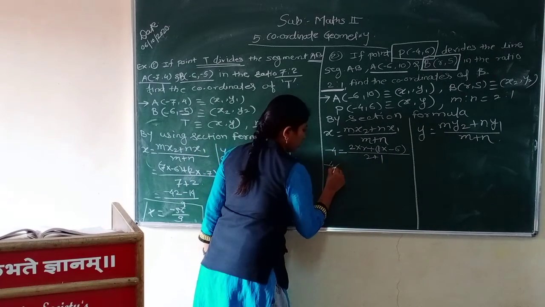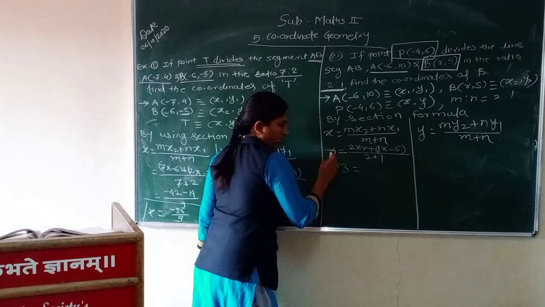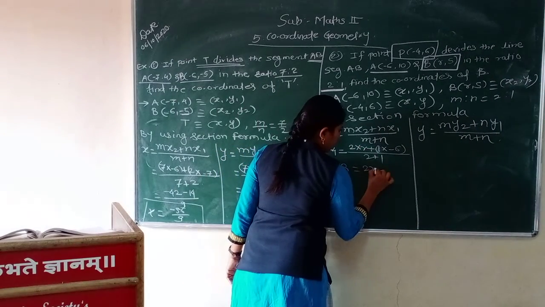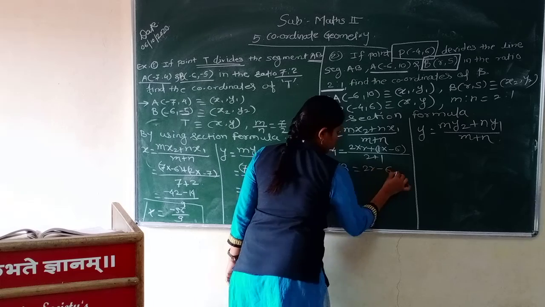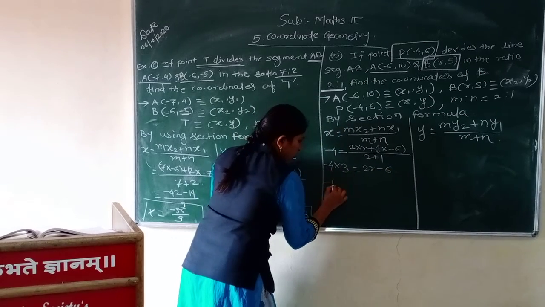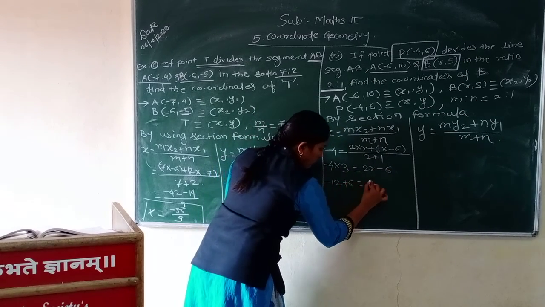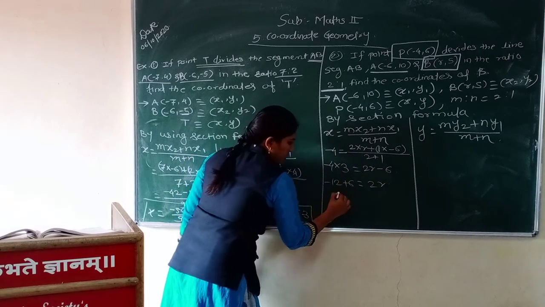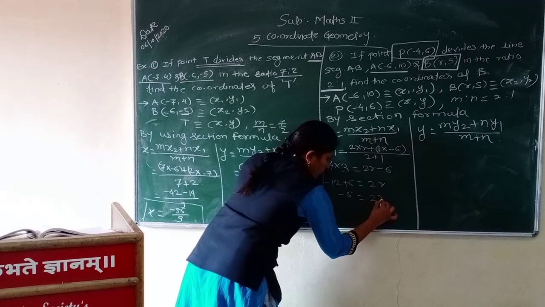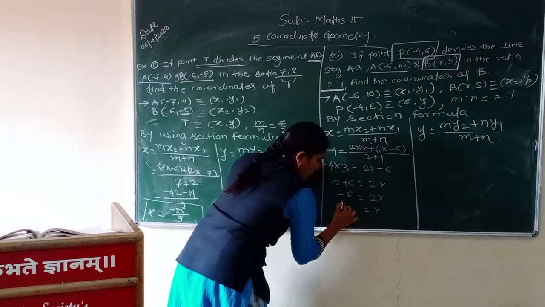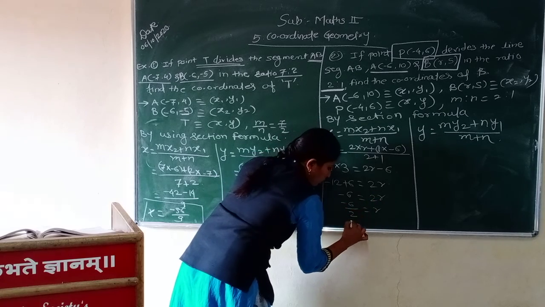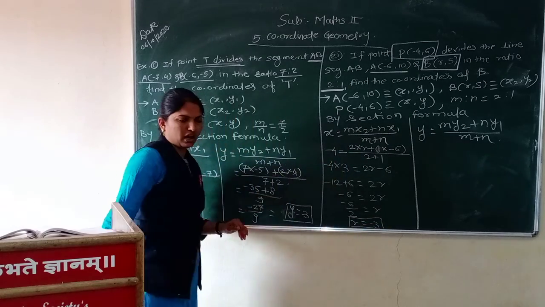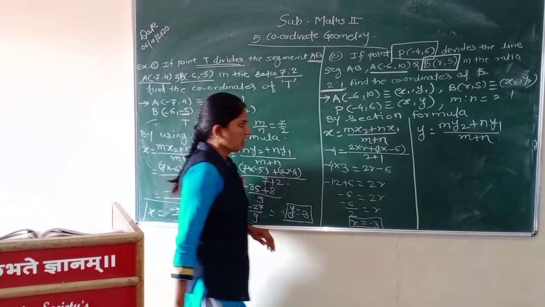Minus 4 into 3, do it directly. Then -12 = 2r - 6, so 2r = -12 + 6, that is -6, r equals -6 upon 2, and your r will be -3.